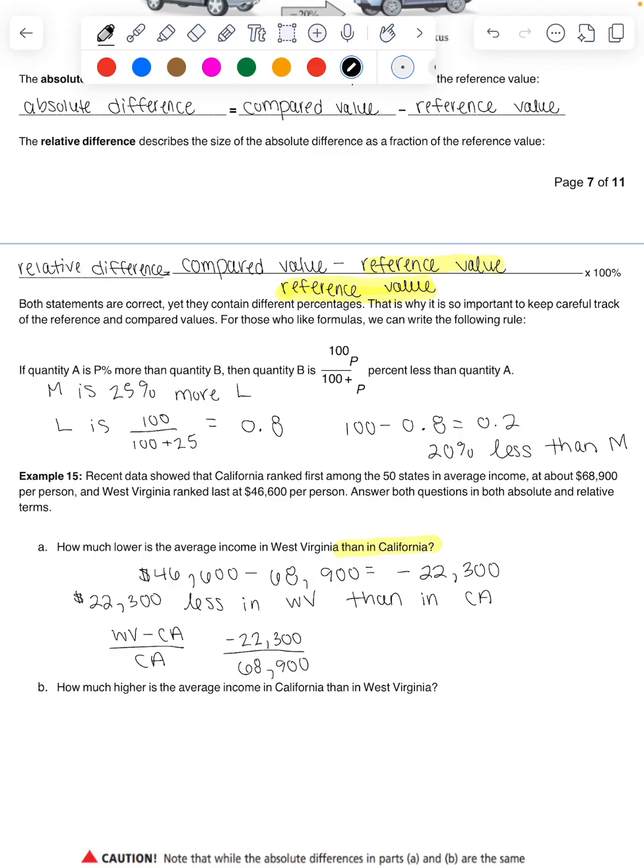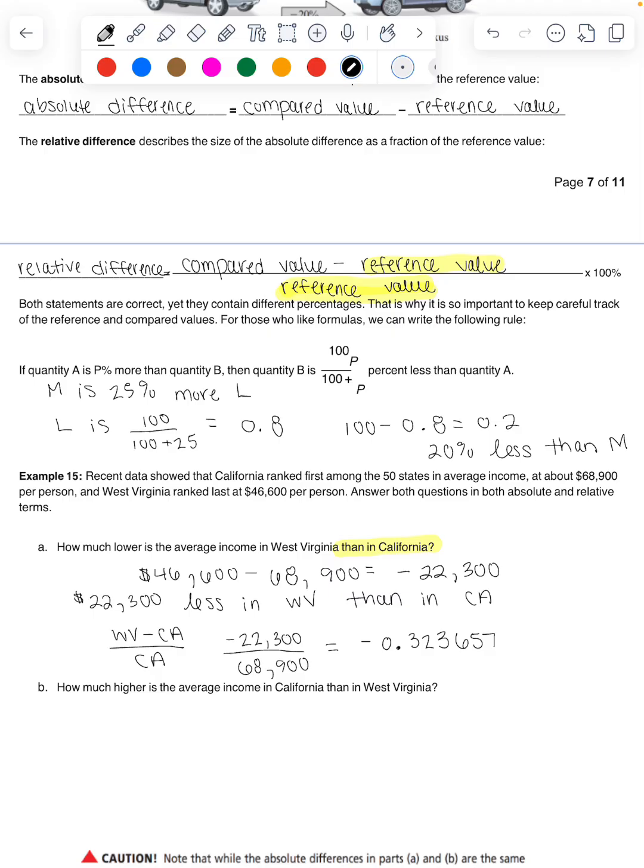And I get a relative difference of negative 0.3236 and so on.